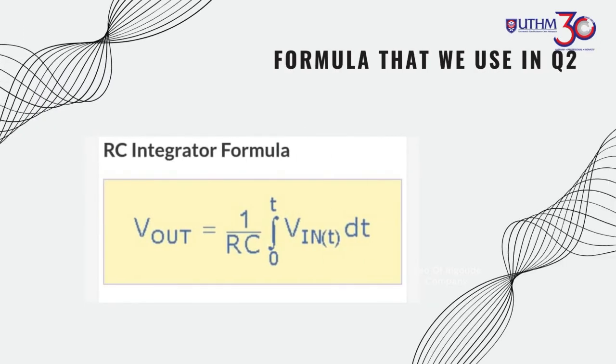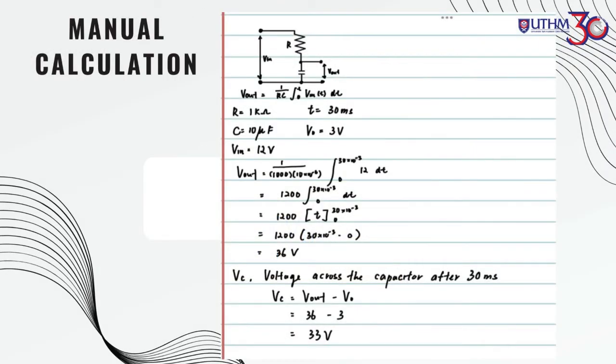The formula that we will use to answer question number 2 is the RC integrator formula. This formula states that voltage out is equal to 1 over RC times the integral of voltage in with respect to time. Next we move to the manual calculation.